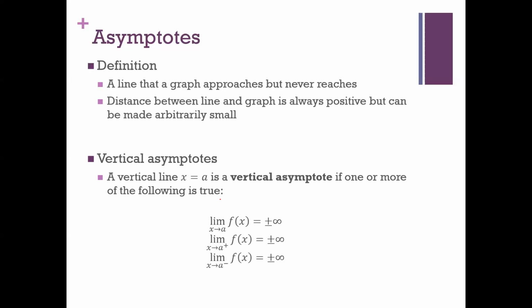So if any of those conditions are met, as you approach a from either side or both sides, the function goes to positive or negative infinity, you have a vertical asymptote. And with the function we just looked at, that 1 over x minus 2 squared definitely fits one of these. Any questions so far?